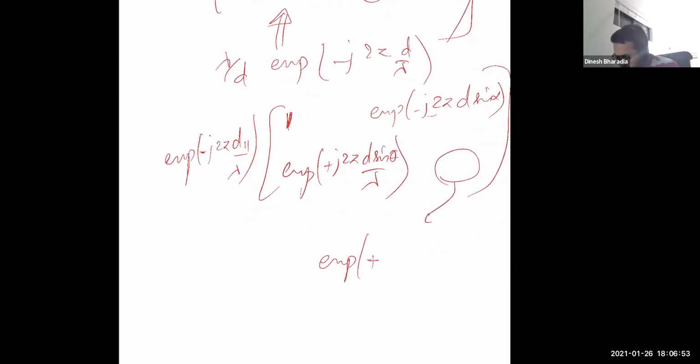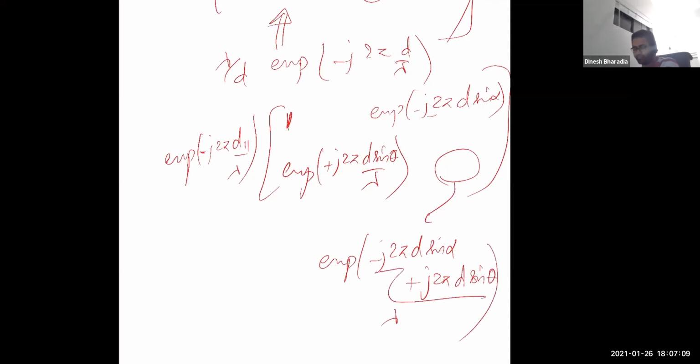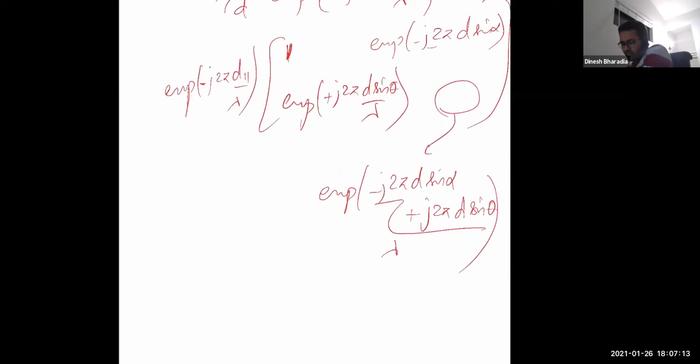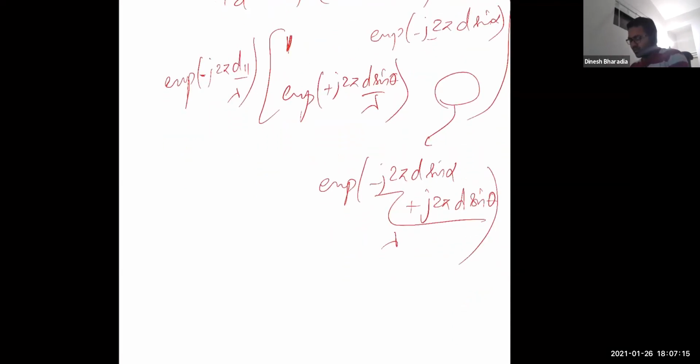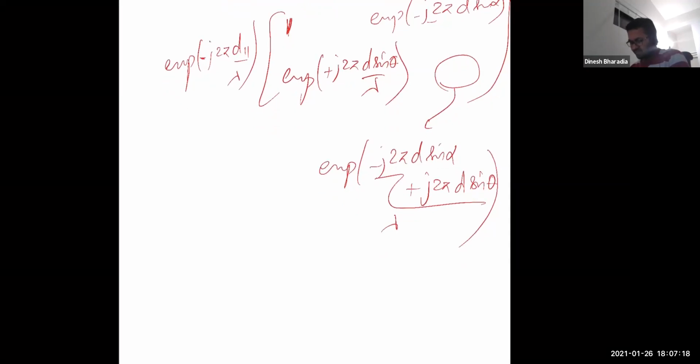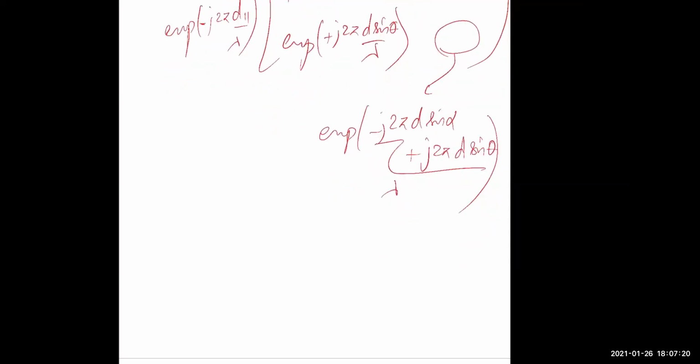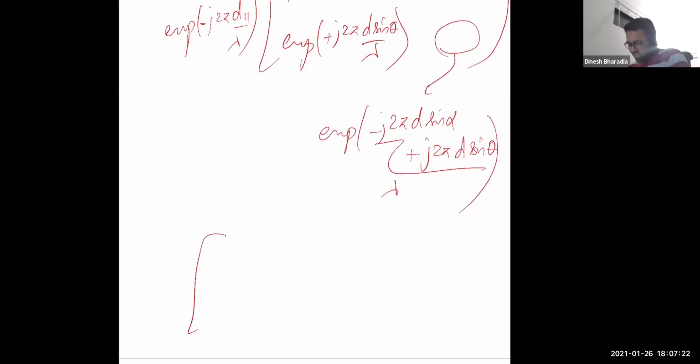This is nothing but exponent of minus j2 pi d sine alpha plus j2 pi d sine theta, the entire thing over lambda. Everyone clear on this? Clear, folks? Yes. So this can actually be written in this form.